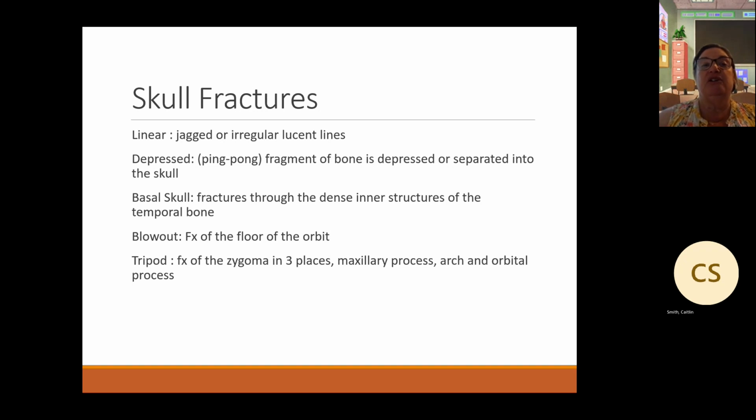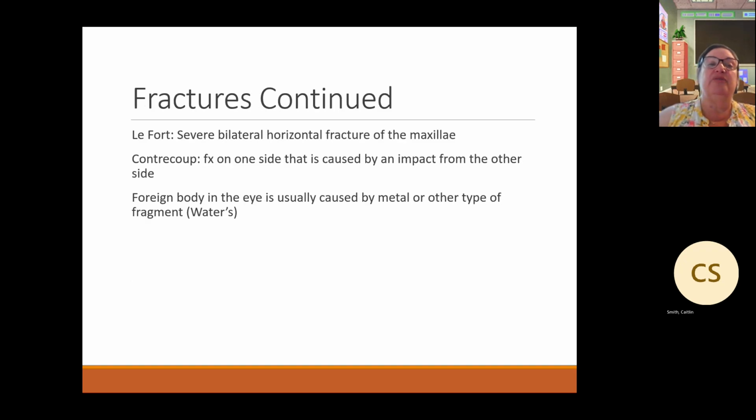A tripod fracture is a fracture of the zygoma, which takes place in 3 places: the maxillary process, the arch, and the orbital process. That's what the tripod is. It's got to be 3 places of fracture, and those actually go to the operating room to have surgical clips put in to hold it.